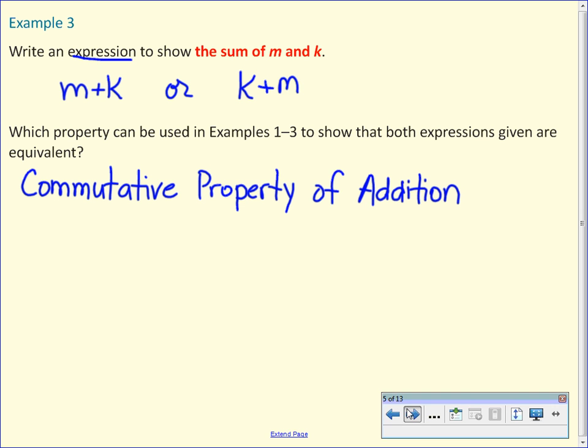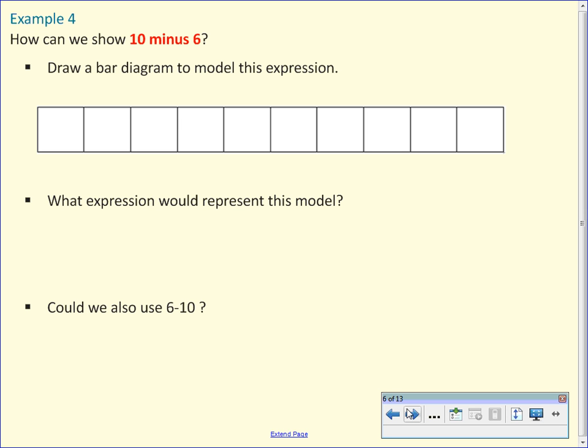Pretty straightforward. All right, so enough with the addition. What about 10 minus 6? Well, let's draw a bar diagram. So there I have 10. 1, 2, 3, 4, 5, 6. So what do I have?